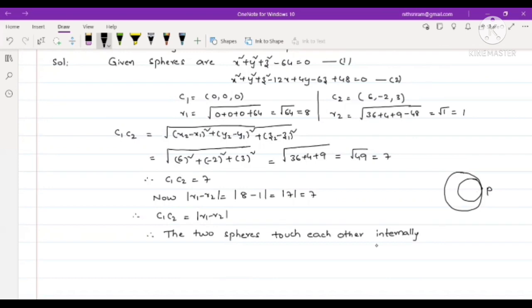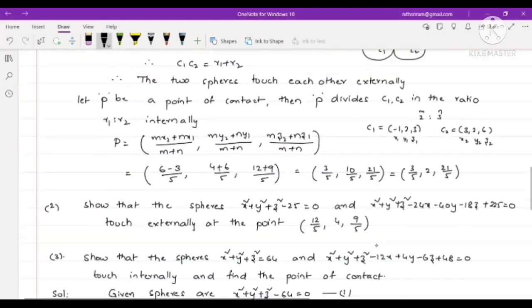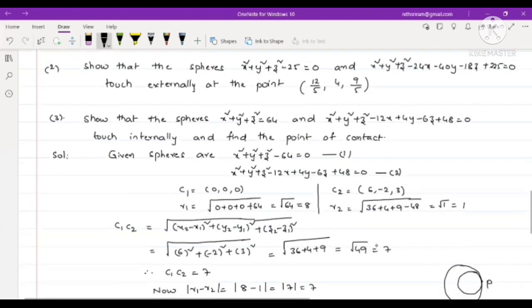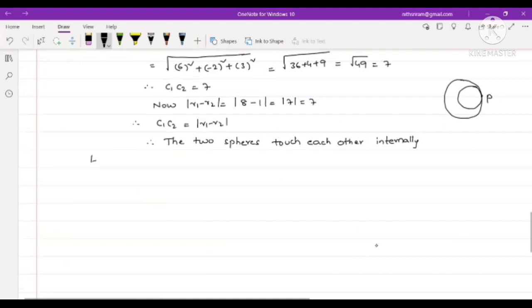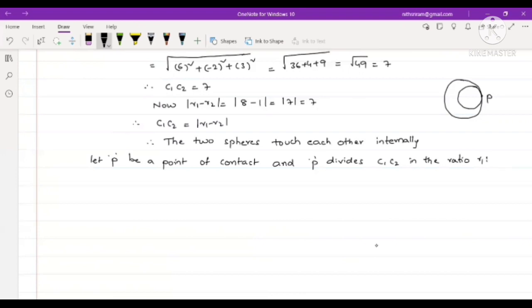Now we have to write the formula for external division. Let P be the point of contact, and P divides C1C2 in the ratio R1 to R2 externally.